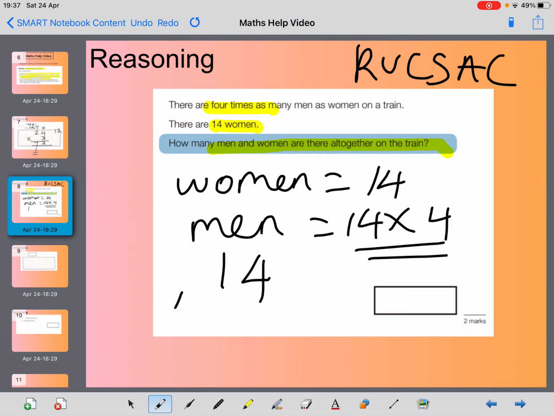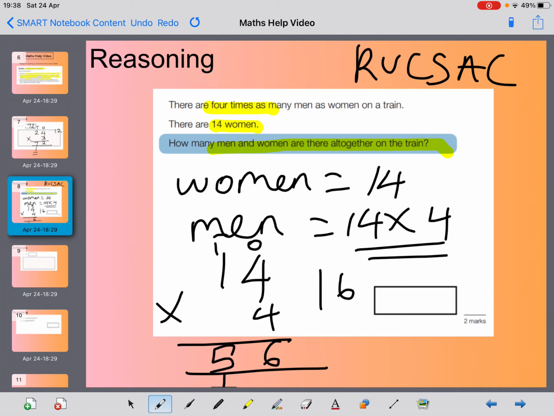So 14 times 4. So my first step when we're multiplying is to multiply the ones first. Okay, so 4 times 4 is 16. Put down my 6 and regroup the 1. And then my next step is to multiply the tens. So 4 times 1 is 4, plus this 1 is 5. So there are 56 men.